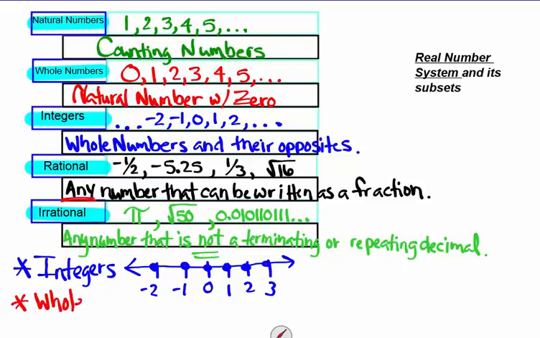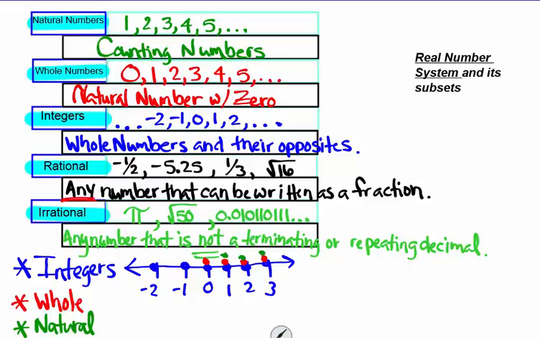Whole numbers, remember, start with the number 0. Whole numbers, again, are whole numbers. They are not fractions or decimals. And then the natural numbers start with the number 1. 1, 2, 3, 4, 5, and so on. Again, natural numbers cannot be decimals or fractions.